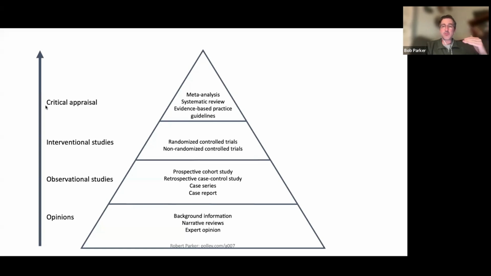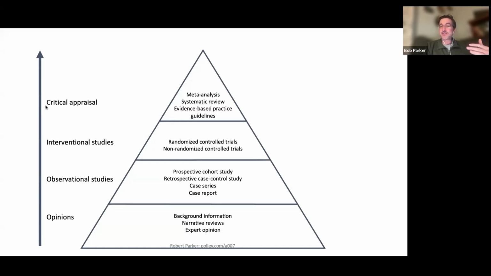But really, you can't do those until the rest of it has been built. You'll note that the very bottom of the pyramid is expert opinion, right? As a surgeon of increasing age, I'm recognizing the limitations of my opinions. While I think they're important, they're still at the bottom of the pyramid.